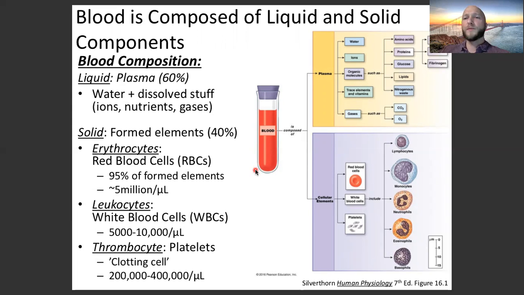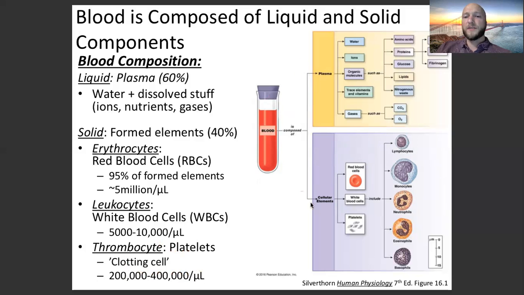Most formed elements are red blood cells. About 95% are red blood cells. There's around 5 million red blood cells per microliter. Leukocytes, or white blood cells, there's around 5 to 10 million per microliter. And thrombocytes, or platelets, there's around 200,000 to 400,000 per microliter.